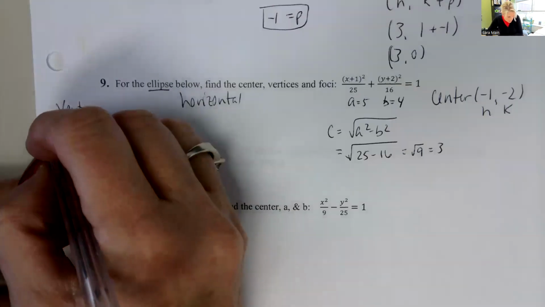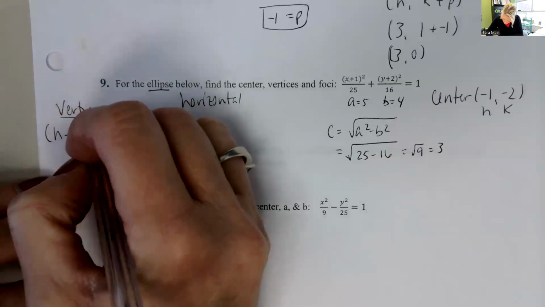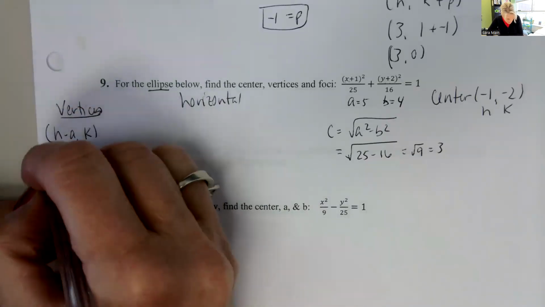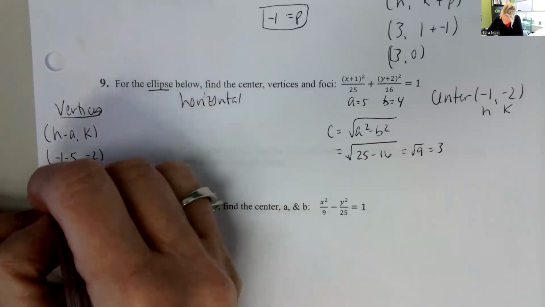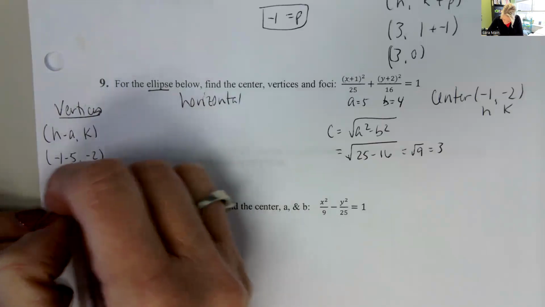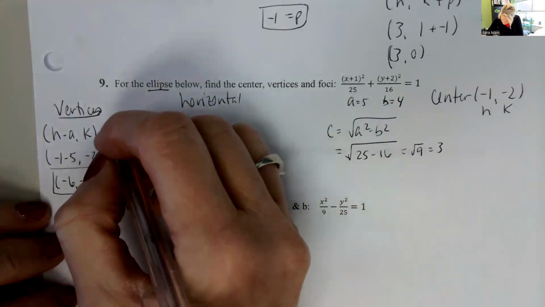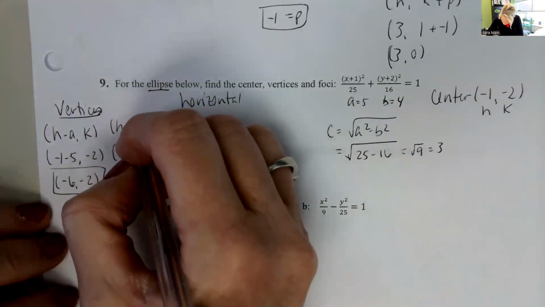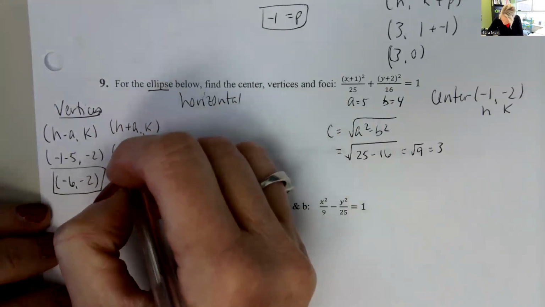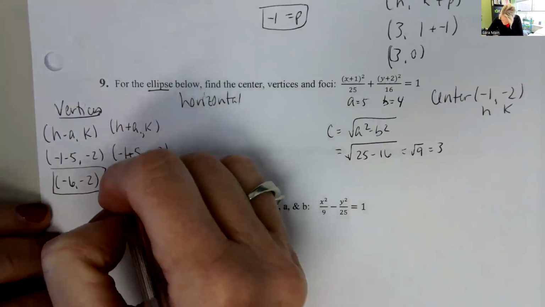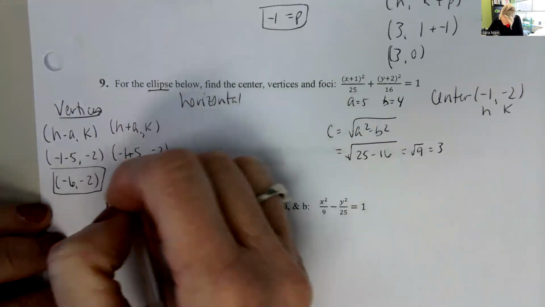That's negative 1 minus 5 comma negative 2, so that one is negative 6, negative 2. And then the other one is negative 1 plus 5 comma negative 2, so that one's at 4, negative 2.